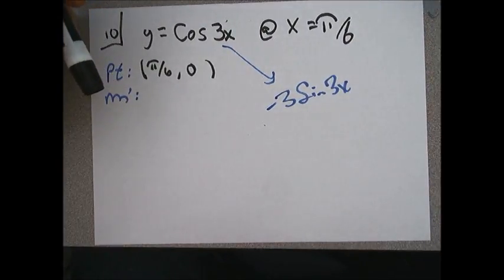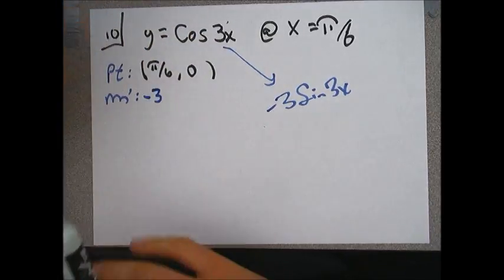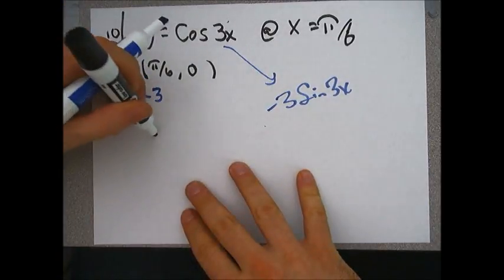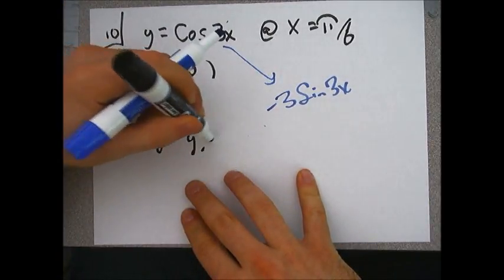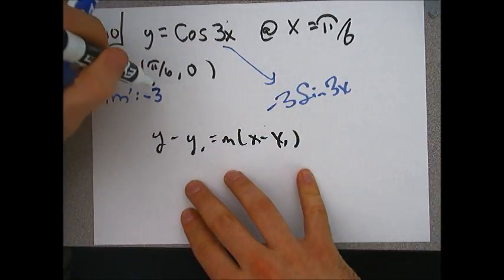Okay. Plug your pi over 6 in. What do we get? That'd be pi over 2. Yeah. Sine of pi over 2 is 1, and then you make it negative. So negative 3. We want to, what now? We want a tangent line. So y minus y1 equals m times x minus x1. And we have this information to plug in.